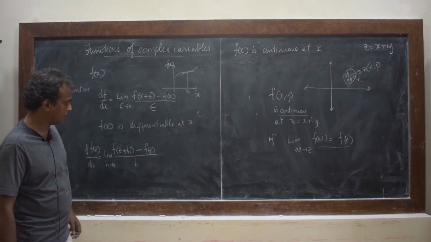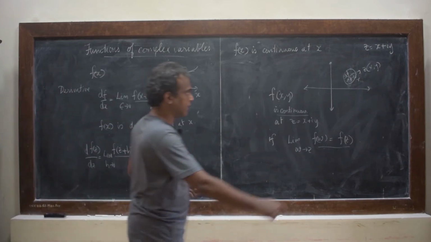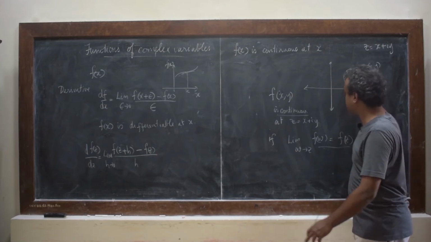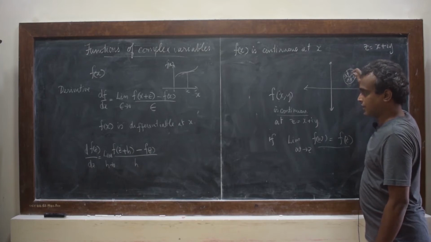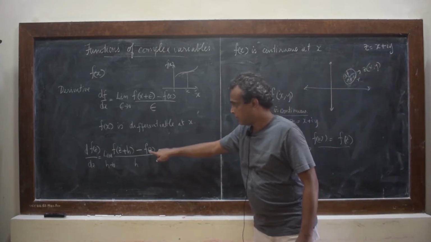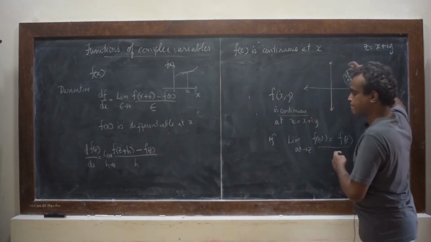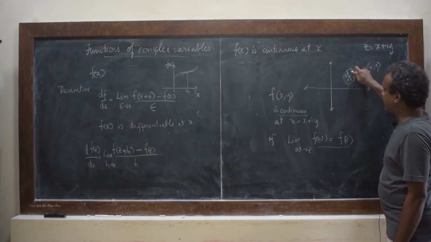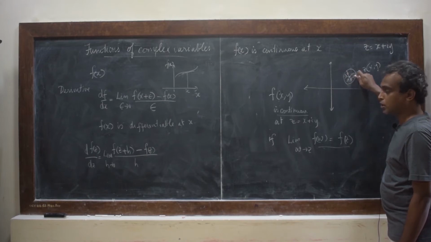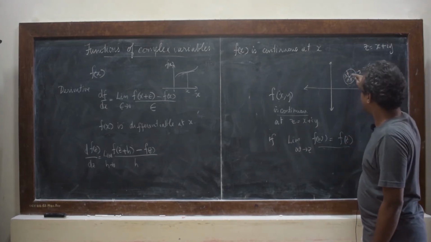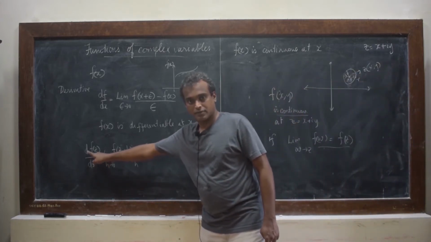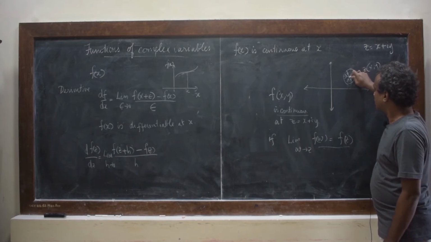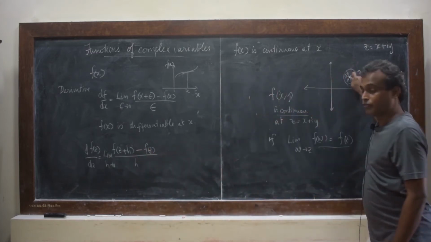The only difference that we demand is that the point z plus h, for which we are defining the derivative, could be any point in the close neighborhood of z, such that this definition of derivative does not depend on which direction z plus h is as you move from z.